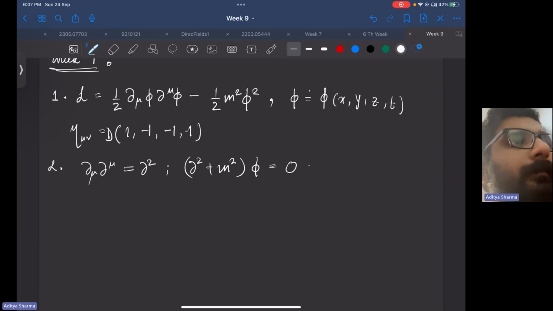Here we have taken the units as c equal to 1. Well, let me keep h bar. I'll just put c as 1 for now.